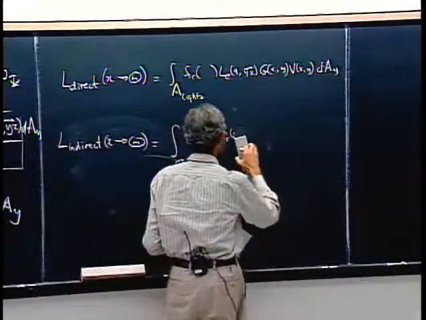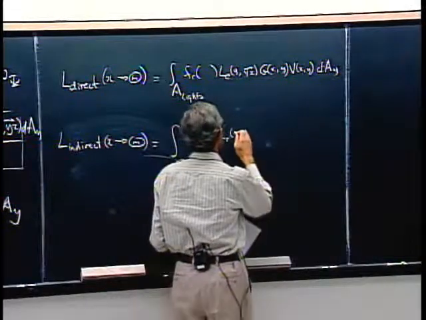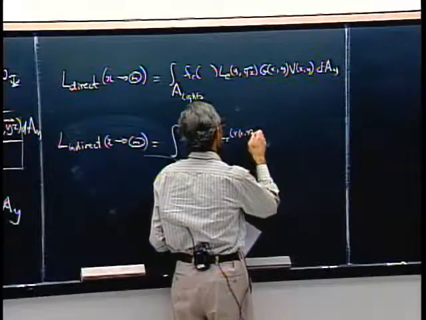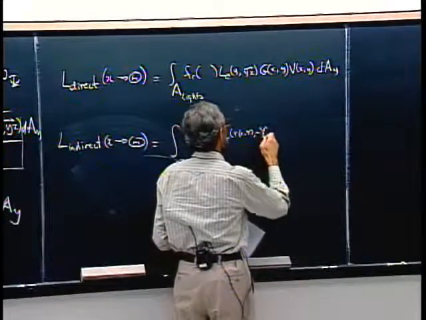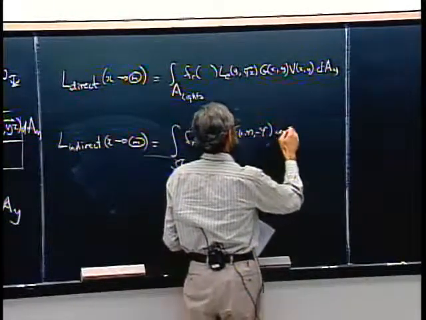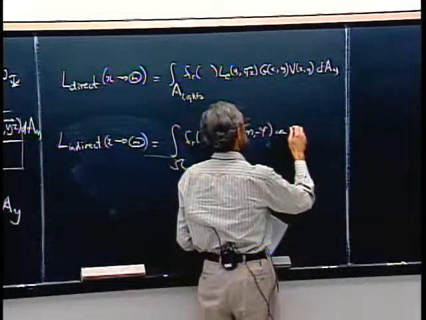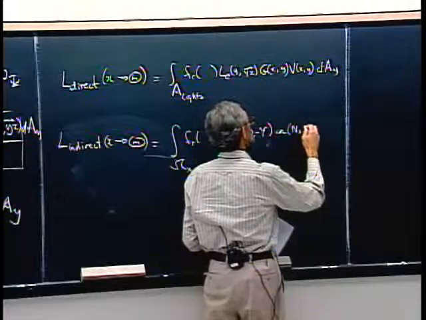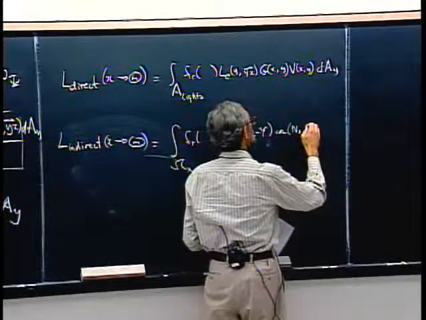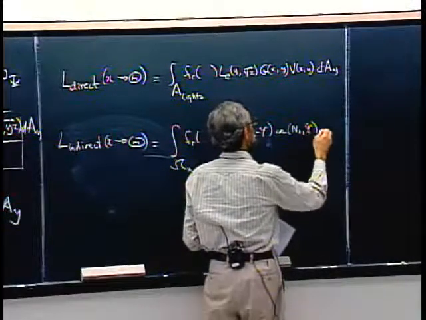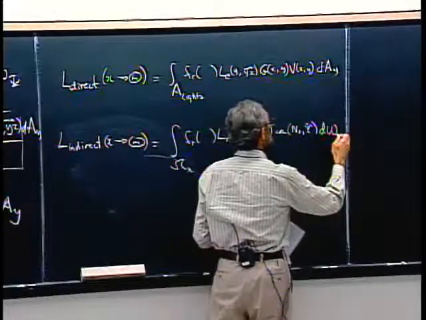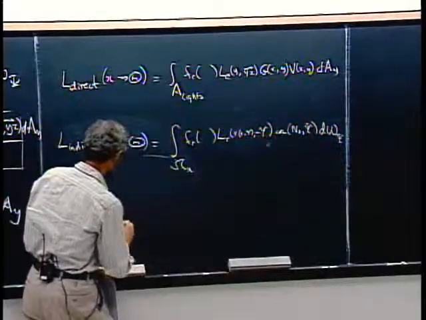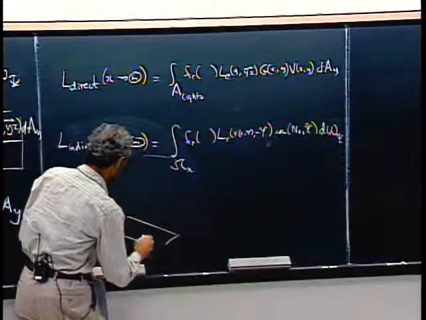It was at the point r, x, psi minus psi, cosine n_x psi, d omega psi.